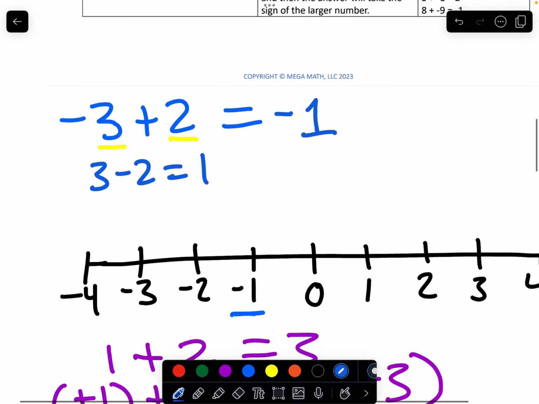And by the larger number, I mean regardless of the signs, we're going to take that. 3 is larger than 2, even though technically 2 is greater than negative 3. But ignoring the signs, 3 is greater than 2. So the answer becomes negative 1.